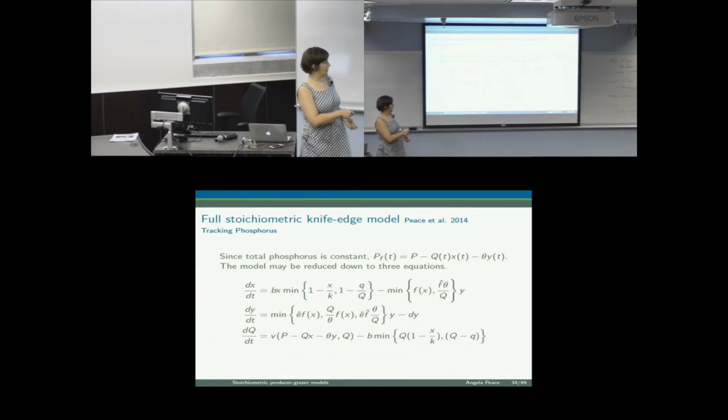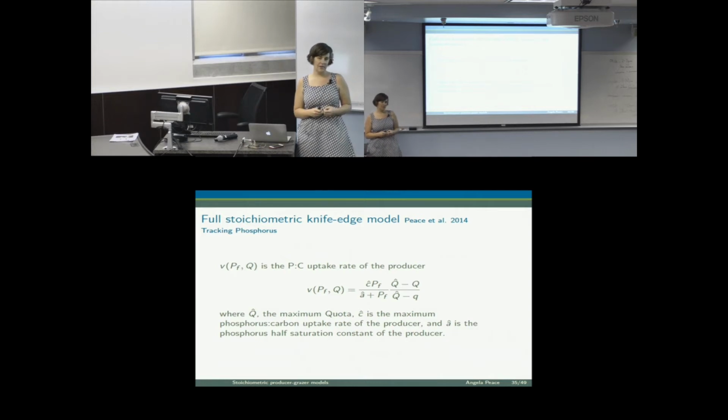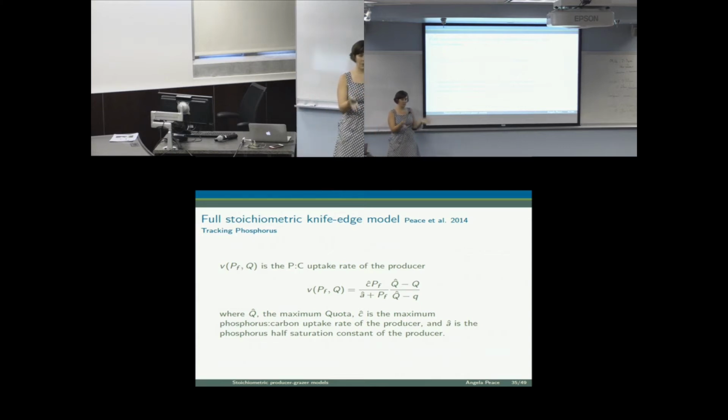Okay. Now I'm going to mention more about this uptake function here, V. The uptake function takes 2 inputs. The first one is the amount of free phosphorus in the environment. The second one is the amount of quota, the phosphorus to carbon ratio of the algae. And that takes this form right here. So there are 3 new parameters introduced into this model with this function.